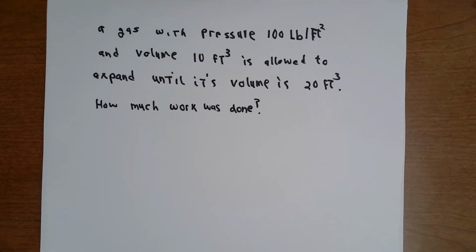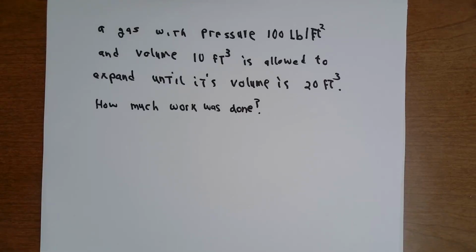In a spirit that's similar to the kind of things we've done before, suppose that you have a gas contained within some container. It has pressure 100 pounds per square foot, and volume is 10 cubic feet. Suppose that that's allowed to expand until its volume is 20 cubic feet.